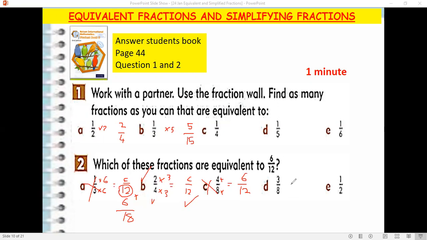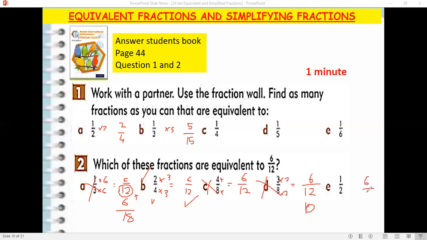Let's try 3/8. You can see here there's no number 2. Is there any number? So if we will multiply this by 2, because 3 times 2 is 6, 8 times 2 is it 12? No, it will be 16. So therefore, D, 3/8 is not equal to 6/12. How about this? Let's try it.